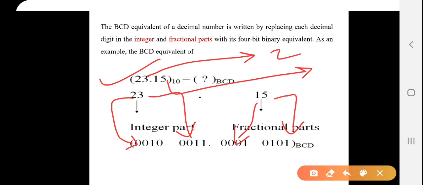So we can say that conversion of a decimal number into binary may take some time, but conversion of a decimal number into BCD is quite easy and takes very little time. But the disadvantage with BCD is that its length is much higher than the corresponding binary number.